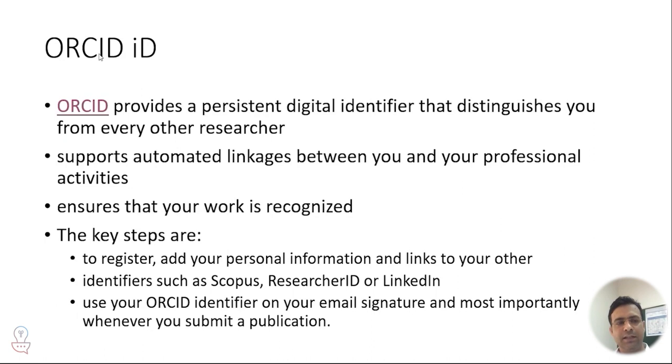For example, you create this ID, and there are thousands of journals, and now you want to publish one article in an XYZ journal. When you want to submit there, you have to go and create a profile there, right? It happens with every journal. Then you have to remember those passwords and everything. But if you have an ORCID ID, you can just log in using your ORCID ID in that particular journal.